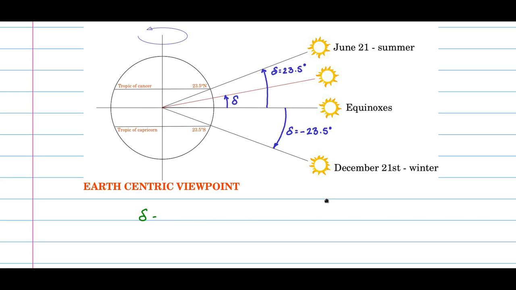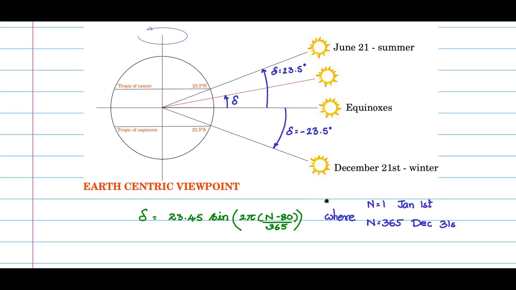Now delta can be written as 23.45 into sine of 2 pi into (n minus 80) by 365, as shown here, where n is equal to 1 on January 1st, n is equal to 365 on December 31st.